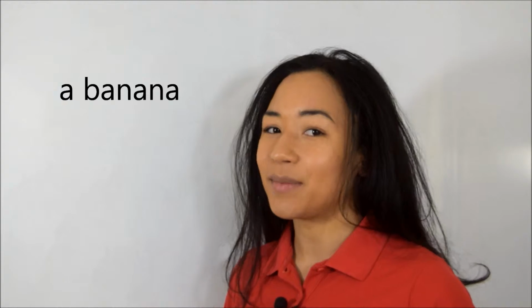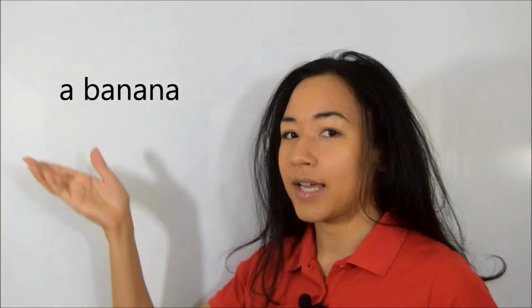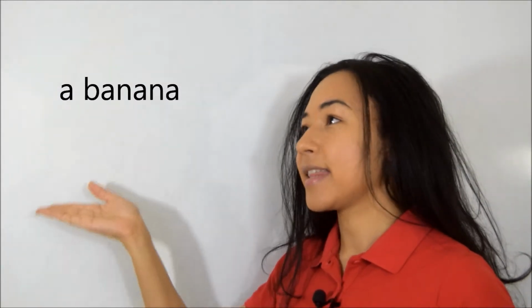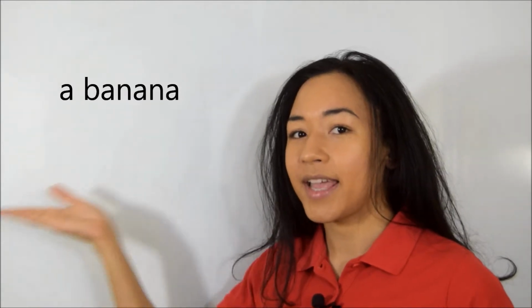We wouldn't say an banana. It doesn't make sense. Remember, you have to have either vowel and then the consonant in this case. A and then B following it. A banana. An apple. So you'd have the consonant then followed by the vowel.